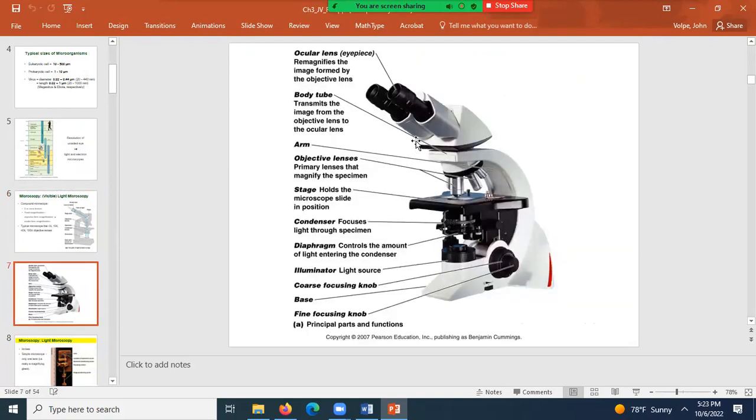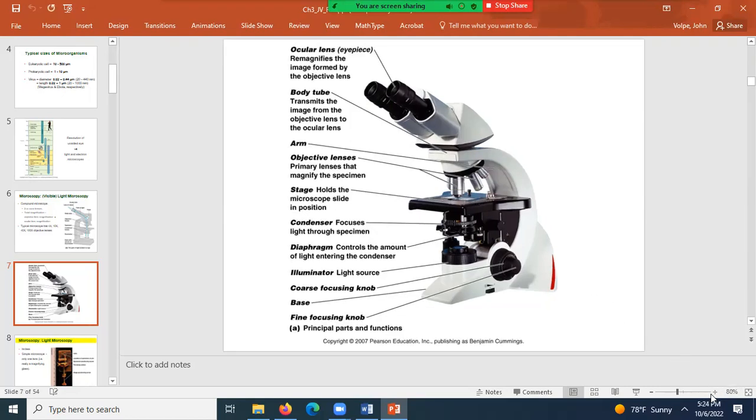the ocular lens, the body tube or the arm, the objective lens, the stage, the condenser shown here, and then the iris diaphragm shown here. I think on the previous lab, these two were in reverse position, and the iris diaphragm has a lever on it. Let me blow this up.